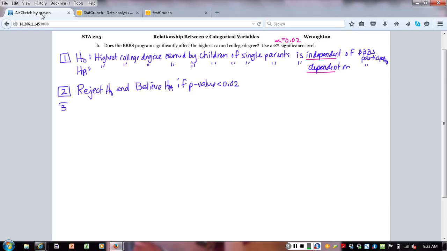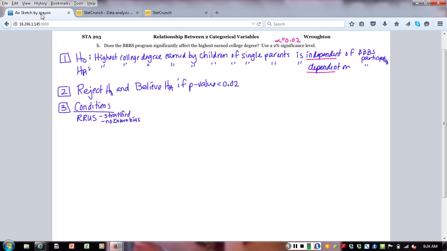Step 3 starts with our conditions. So here we technically took a stratified sample because we took 120 that did participate and then 360 that did not. So we took some from each of our two groups there. From what was given to us, there was no known bias. We didn't only look at the best people who participated or anything like that.